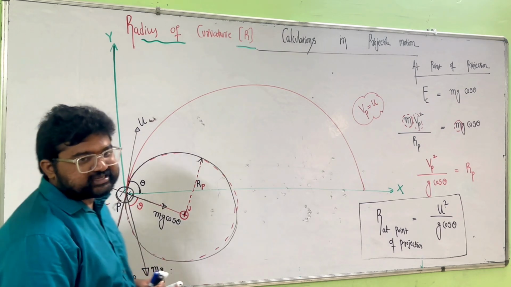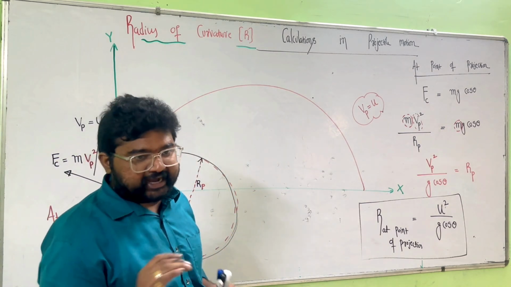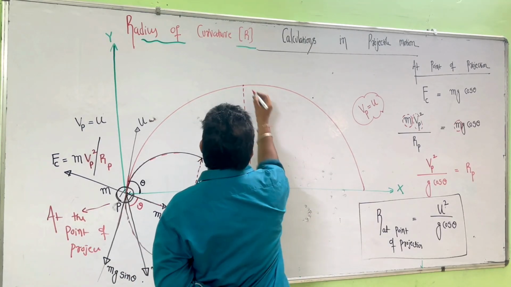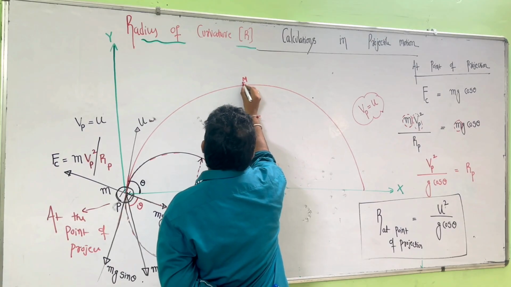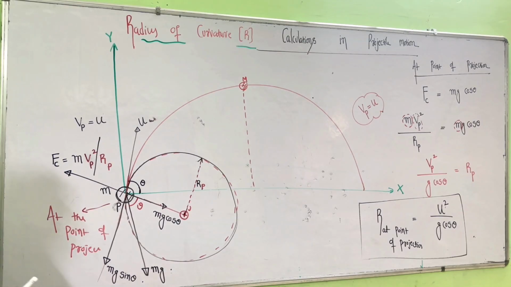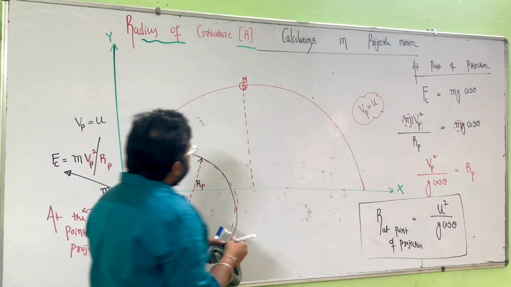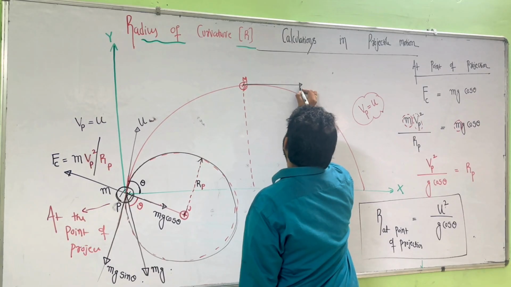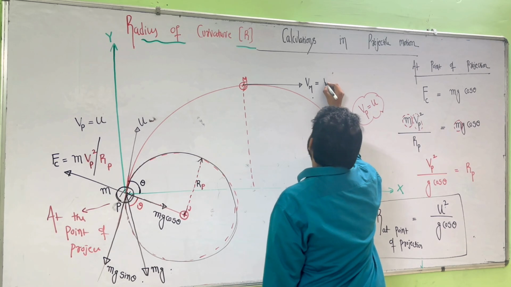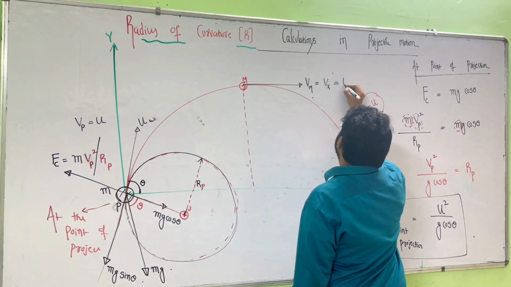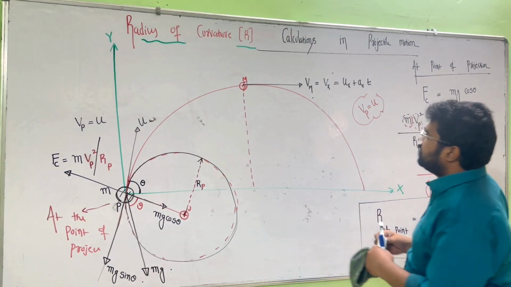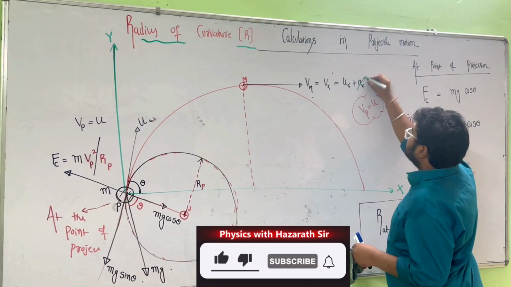Now, what is the radius of curvature at maximum height? So at this point, what is the velocity? Velocity at maximum height Vx is equal to Ux plus Ax into T. Here Ax equals 0.